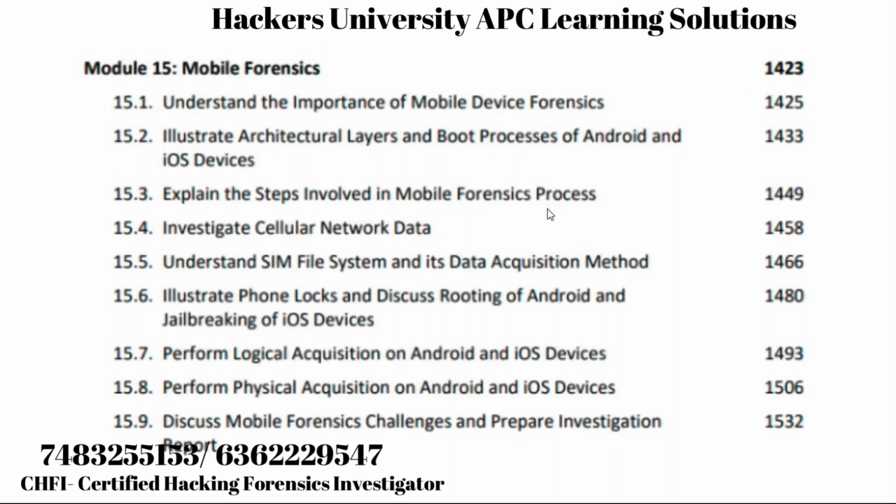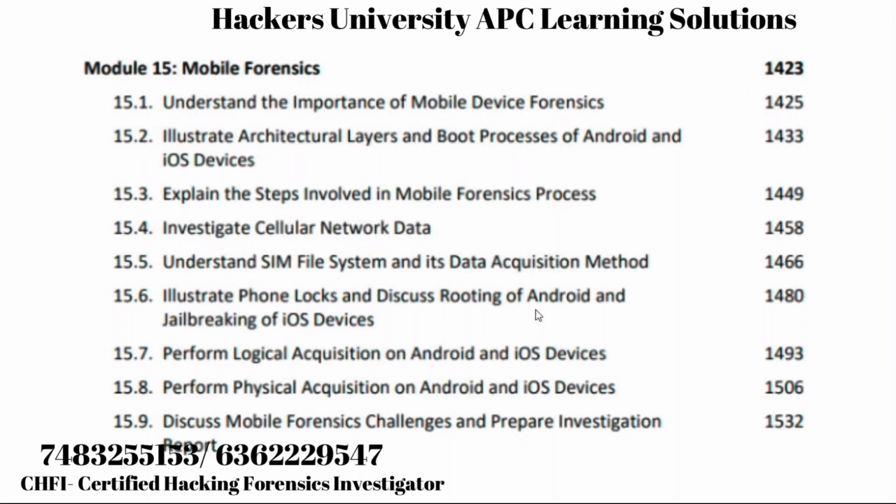Then investigate cellular network data, then how SIM files and data acquisition methods work, we will see. Then phone lock and rooting of Android and jailbreaking of iOS. If the phone is locked, we also see what rooting is, and the different software that can be used to root an Android or jailbreak an iOS device.